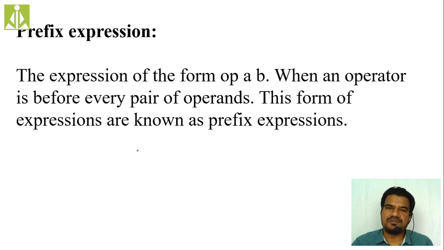Next, prefix. Before the operands. If you put the operator before the operands, we call it prefix notation. Over here, OP is my operator, and A and B are both my operands. If you take it like this, we call that form of expression prefix notation.